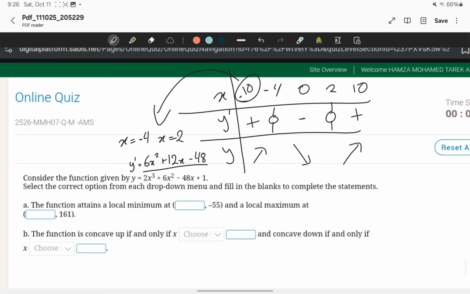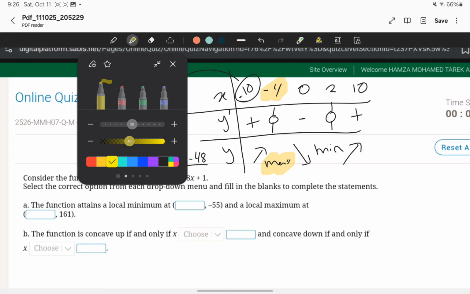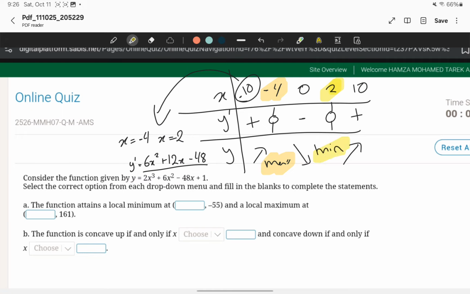So here we have our maximum and here we have our minimum. So they want the local minimum when x is 2 and the local maximum when x is -4.